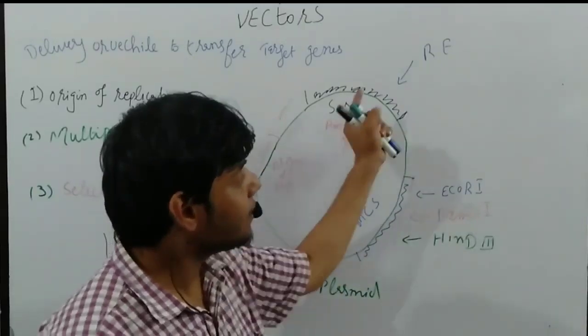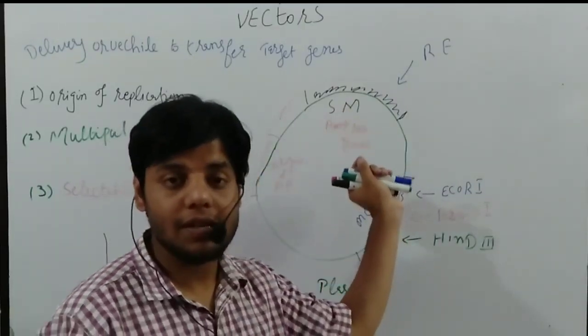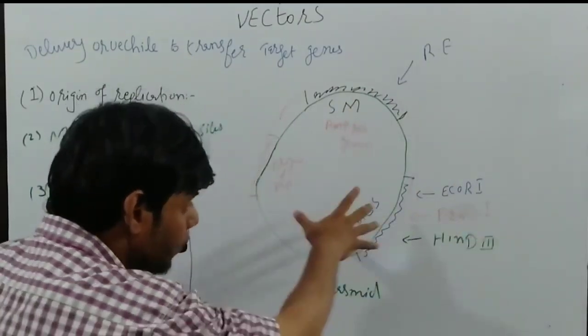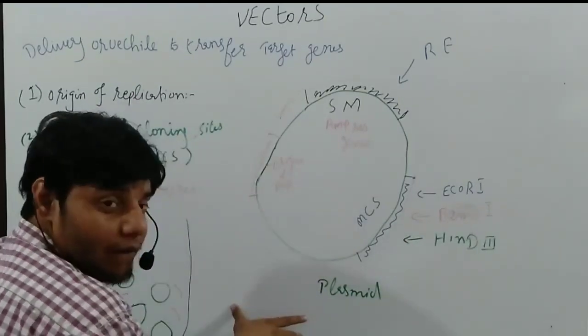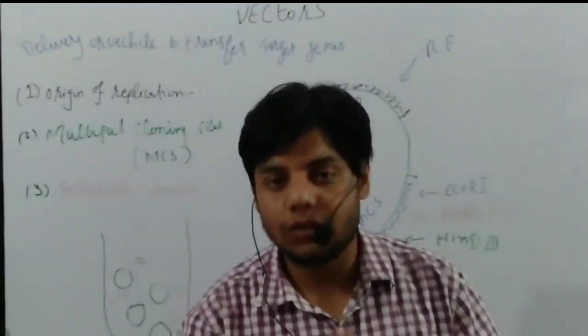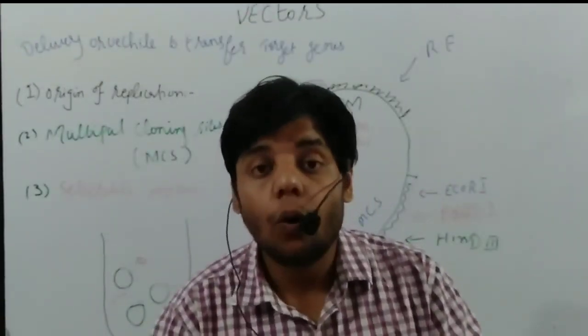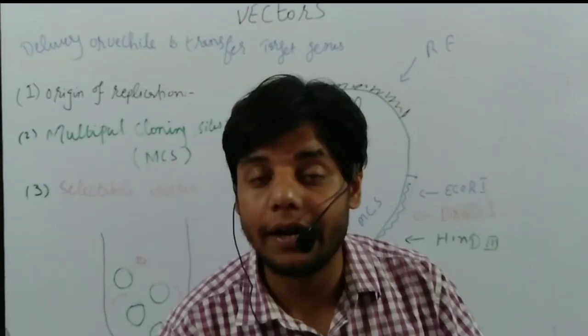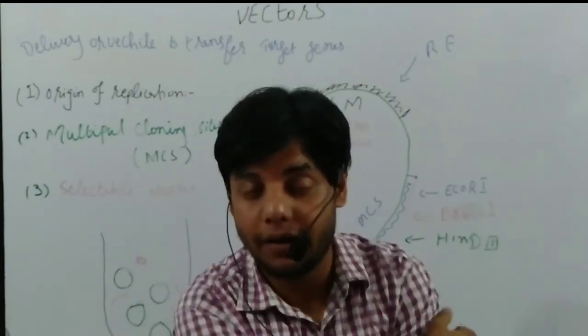Once the ampicillin resistance gene is released, and we transfer this vector to a bacterial cell, the bacterial cell will not divide when we grow it on an agar plate containing ampicillin antibiotic.